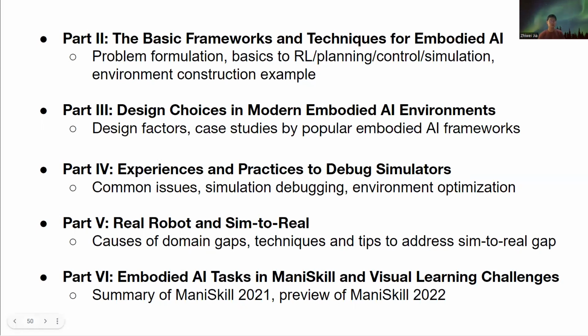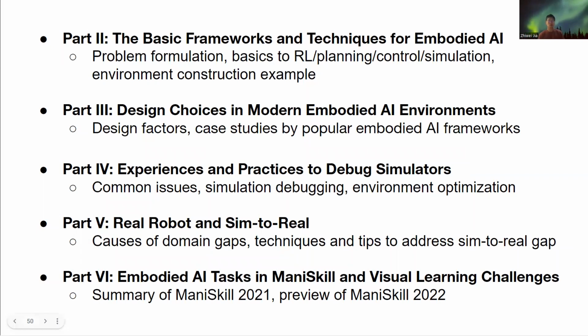In part 3, design choices in modern embodied AI environments, we will introduce key design factors and present some case studies of popular embodied AI frameworks. In part 4, experiences and practices to debug simulators, we would like to talk about common issues in simulation debugging and also how to optimize your environment.